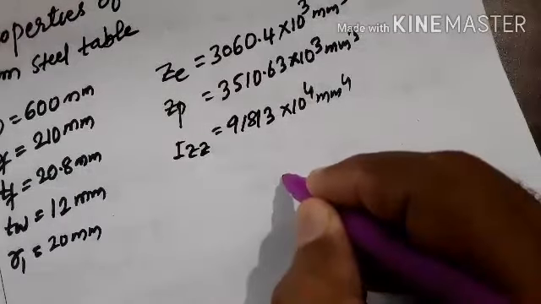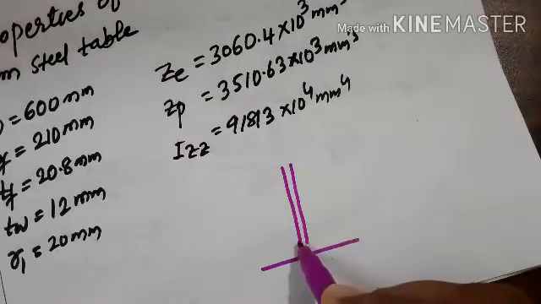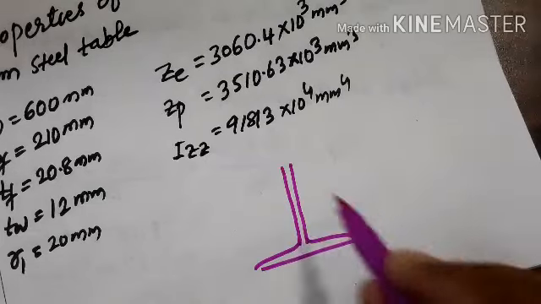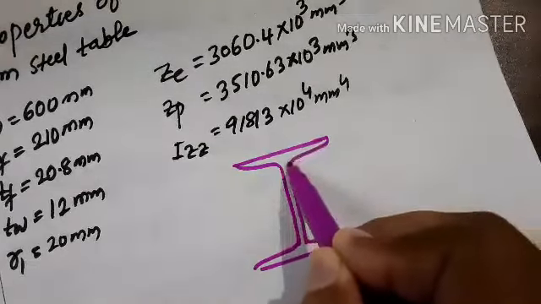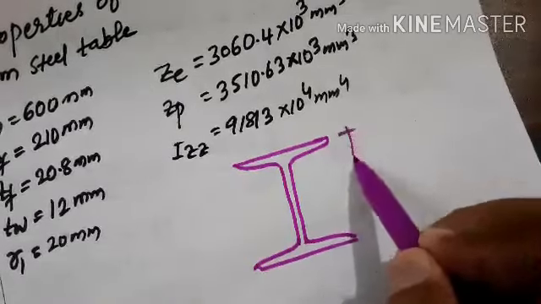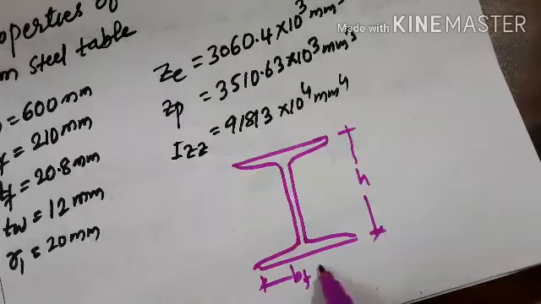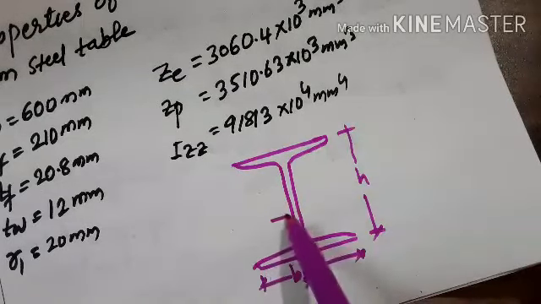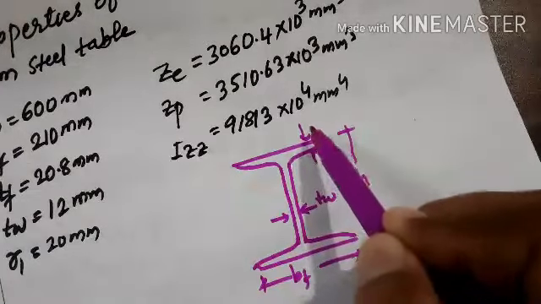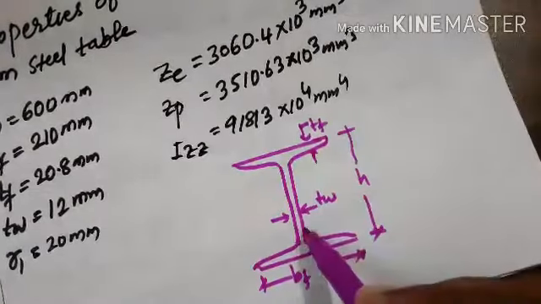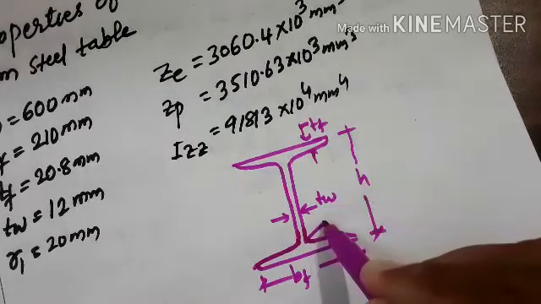It will generally be like this I section. This will be the depth of the section, this is the flange width of the section, this is the web, and this is the thickness of flange, and at this junction, this is the root radius.